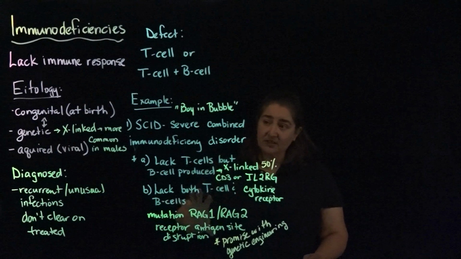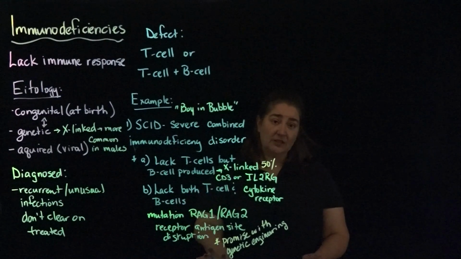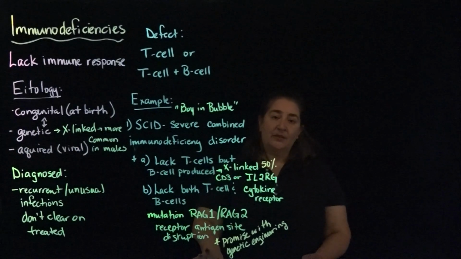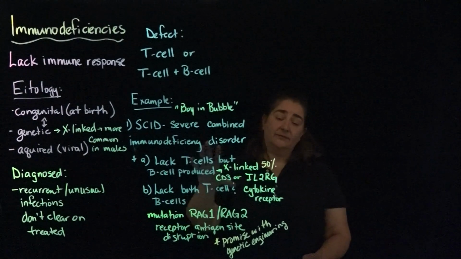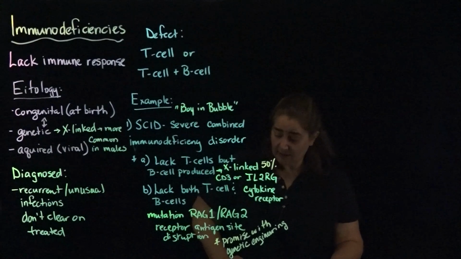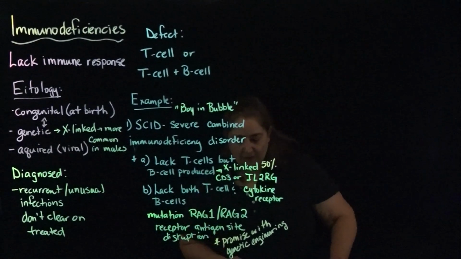So with SCID, there are some kind of treatment options out there other than just living their life out in a bubble. But the individuals typically need to go back to make sure that they're getting proper stimulation of their immune system, okay? So it's certainly better, but still not ideal, okay?